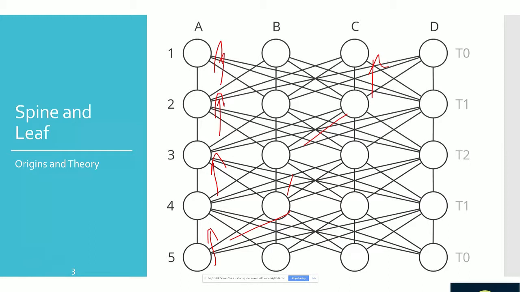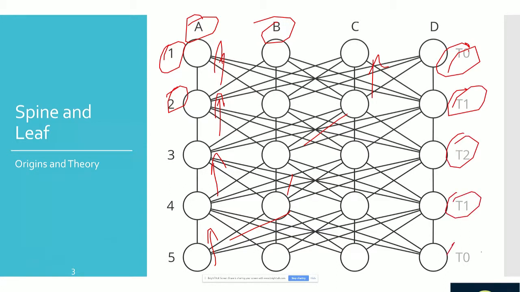You might note the numbering that I'm using here, that I have A and 1 and B and 2, and then I have this T0, T1, T2 thing here. This just helps you to understand what device I'm talking about, router or switch, in this topology as I'm going through. A lot of different numbering schemes are used for this. This is just a simple way for me to get around it and understand things.